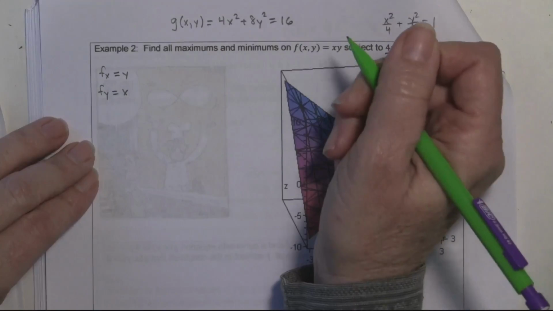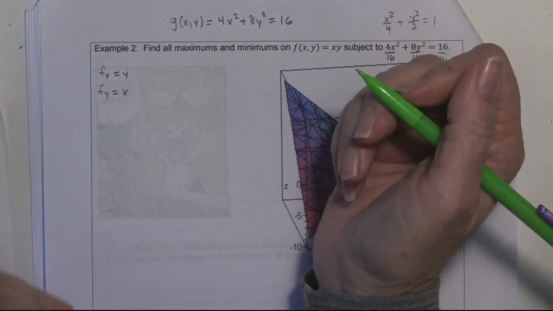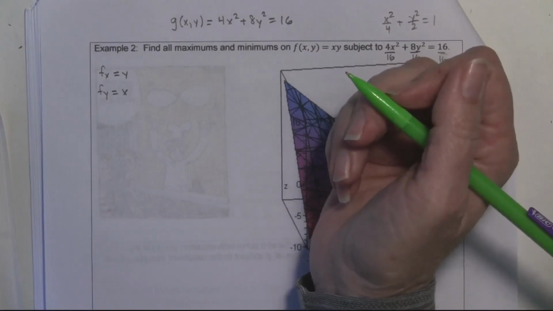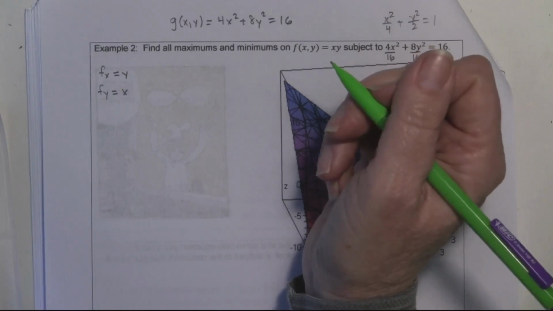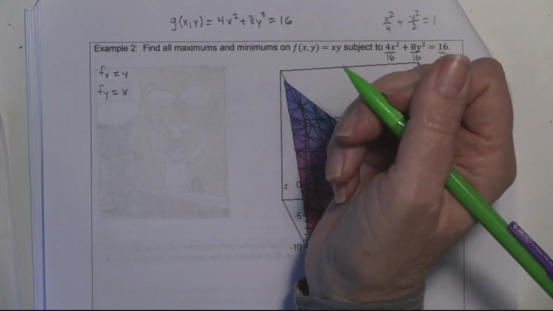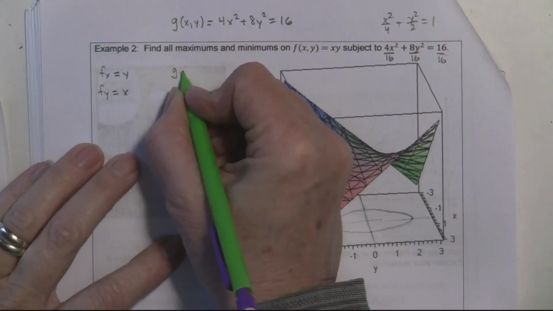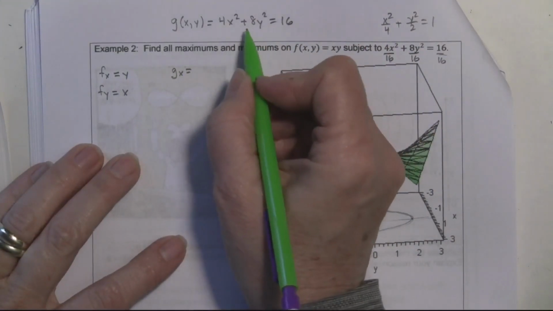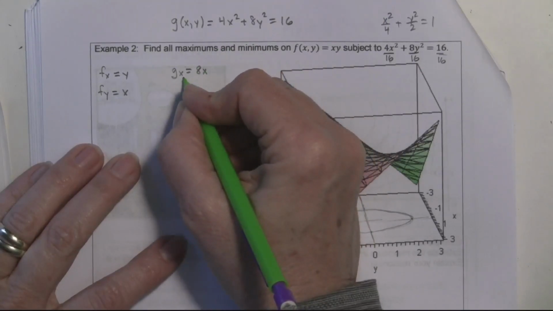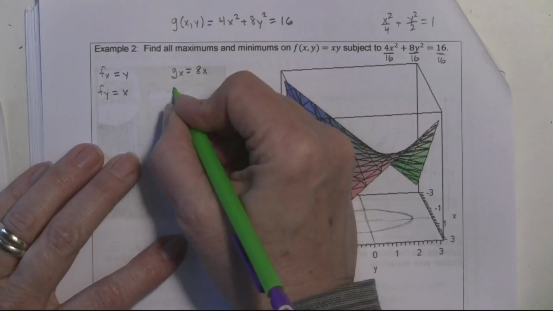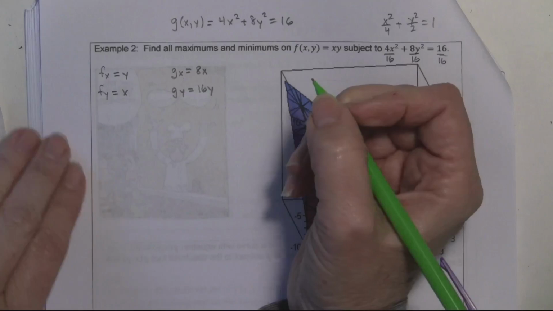And it doesn't matter if you move the 16 to the other side, or if you just said this is a level curve, because when you take the partials, the 16 is a constant, so that doesn't matter. So g sub x is equal to 8x. The partial with respect to y of g is 16y. Had a hard time saying that.